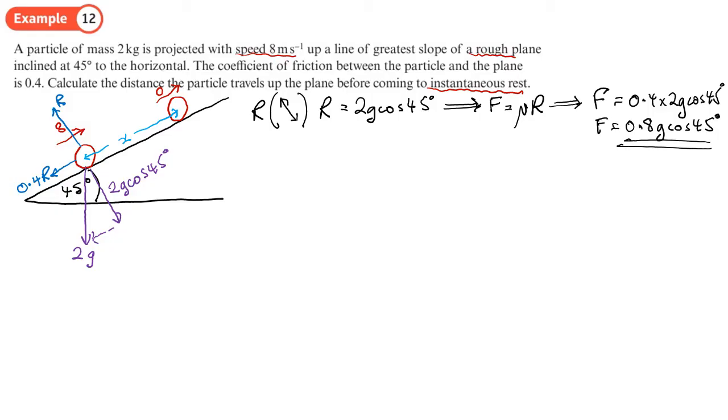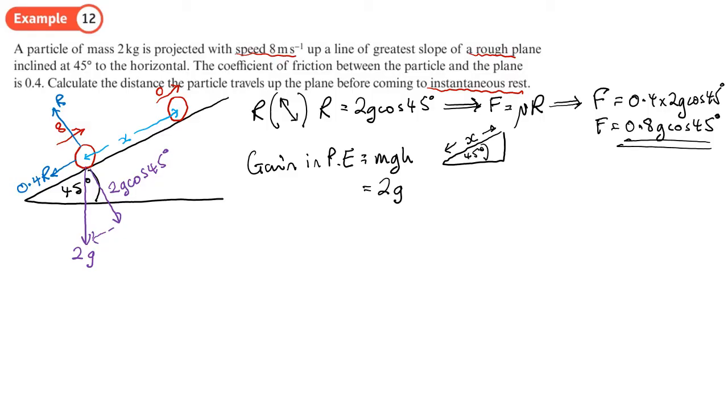Now, since it's going up the slope, it's going up a vertical distance, there's a gain in potential energy of mgh. Okay, so m is 2, g is just g, so we want to know what h is. It's gone up the slope a distance of x, at 45 degrees.